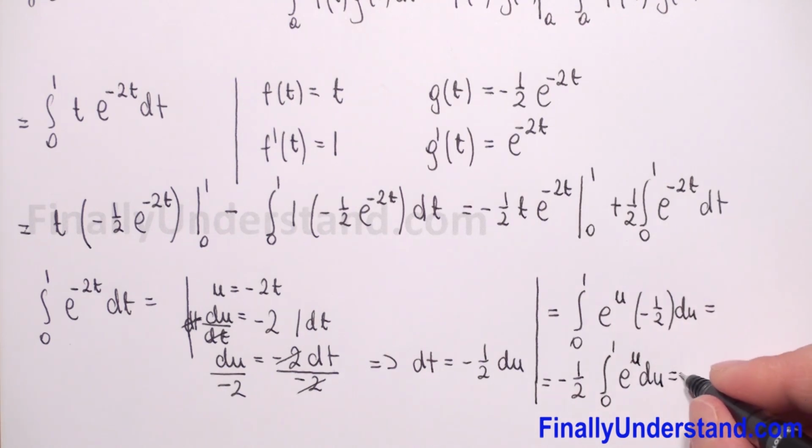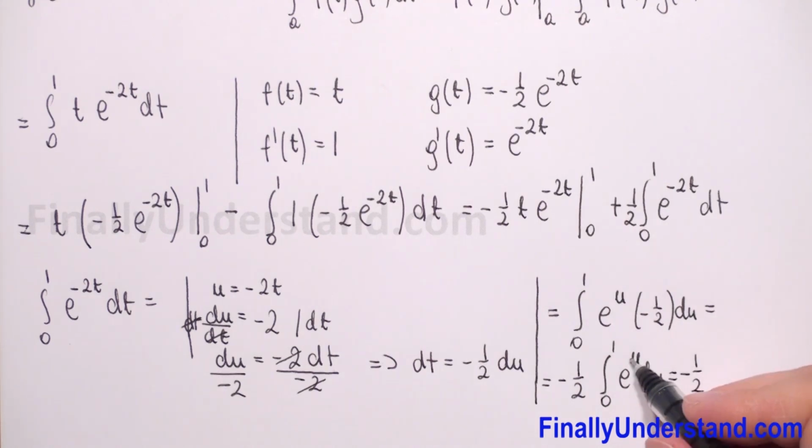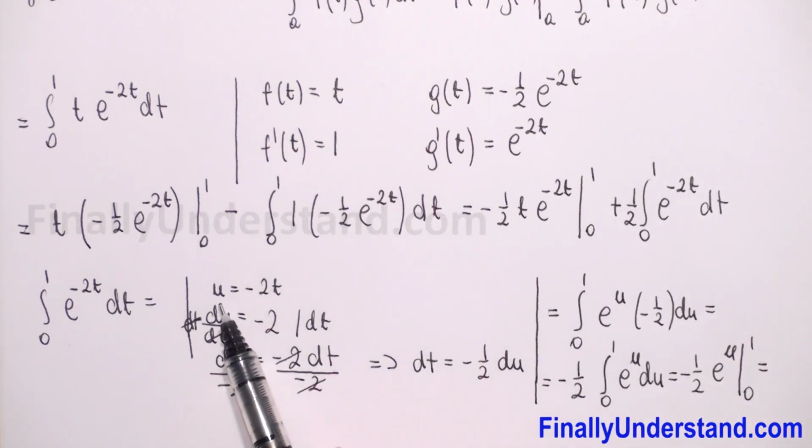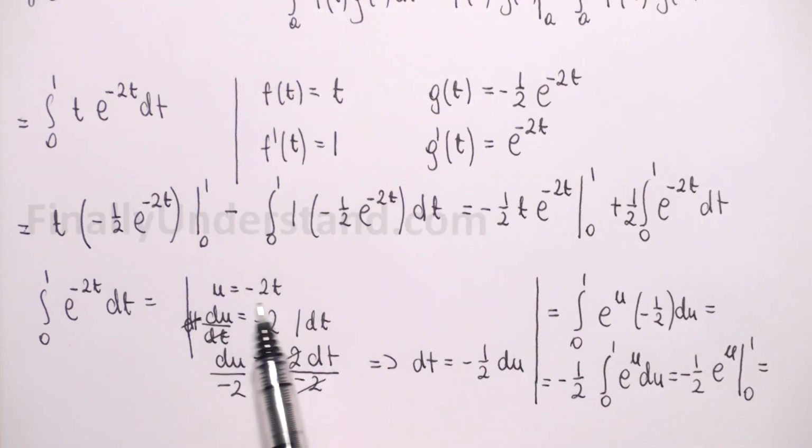This is equal. Negative 1/2 we copy, and the integral of e to power u is e to power u. Now, of course, we have limits from 0 to 1.